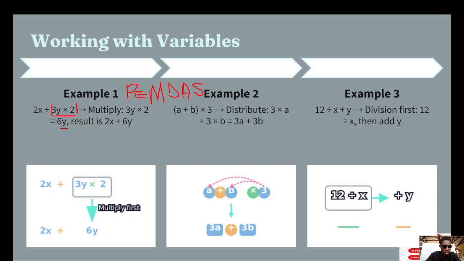So we have 2x, which of course comes first, then plus the 6y. You know addition is commutative, so you can also write it as 6y plus 2x. It doesn't change anything because we know addition is what? Commutative. So you can either have this answer or this answer.